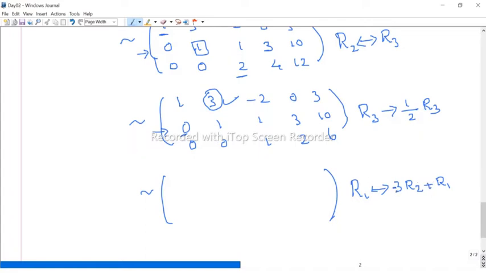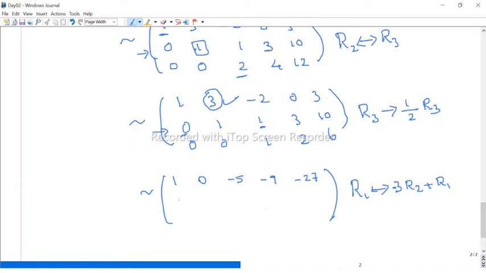Otherwise we would get -1 here. Therefore, we get 1 here. Here we get 0. And in this position we multiply by -3: -3 - 2, therefore -5 here. And this one is -9, and this one is -30 - 27. If I make any mistake, please correct me.